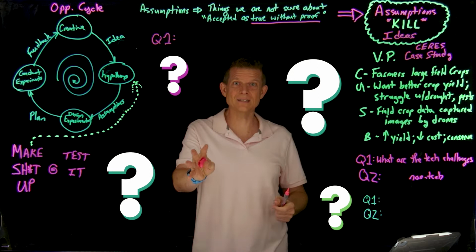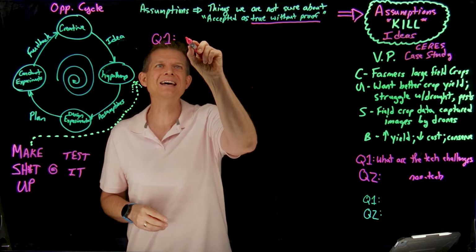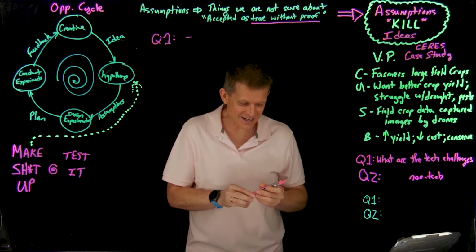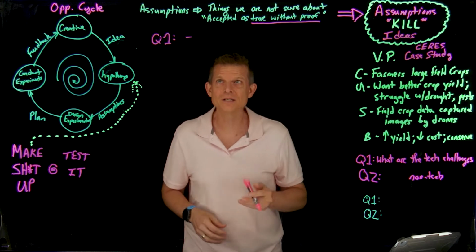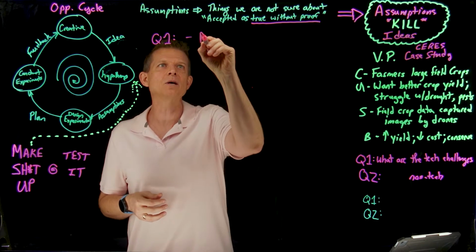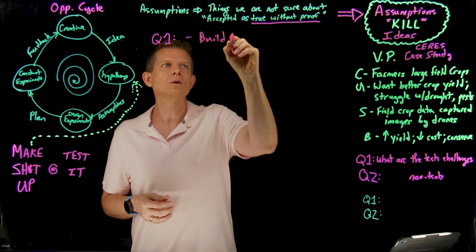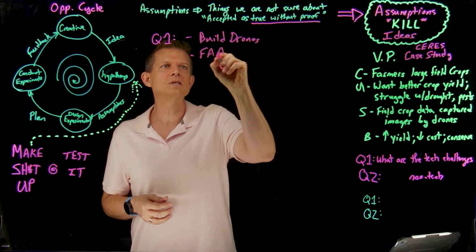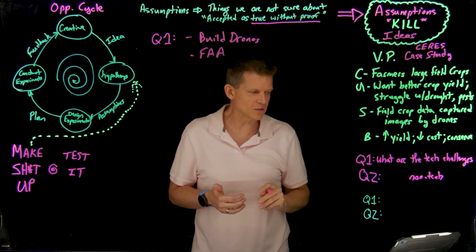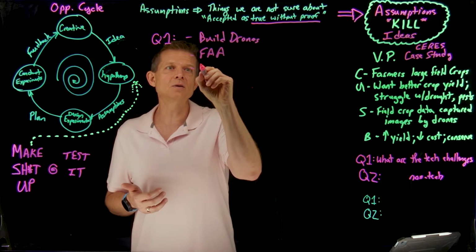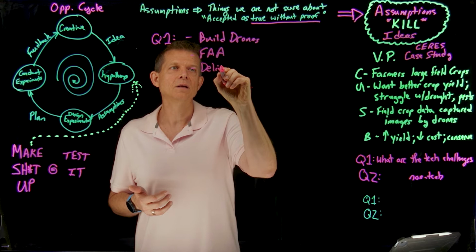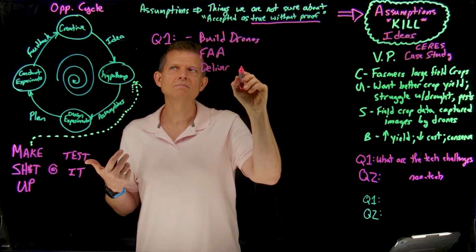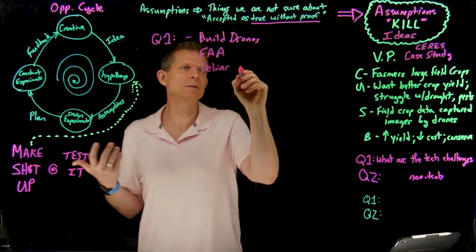Oh, excellent. Those are great. The technology challenges that I came up with, similar to yours, are: can we build drones, or do we need to buy them? What are the FAA rules of flying drones over fields? Can the drones deliver accurate, good images?